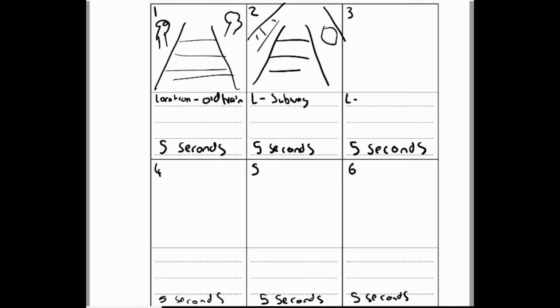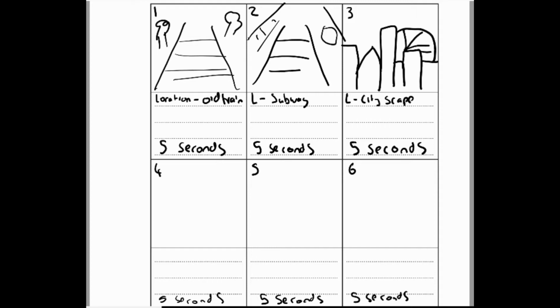Then I'm going to say location: the cityscape, and I'm just going to draw some little buildings. There's the Shard, as you can tell, really clear. And then in the background, I'll do the London Eye.